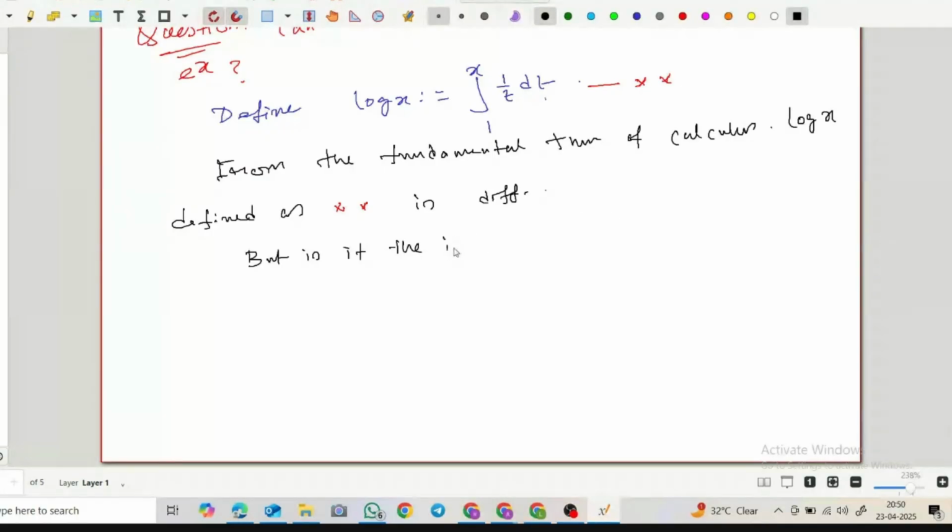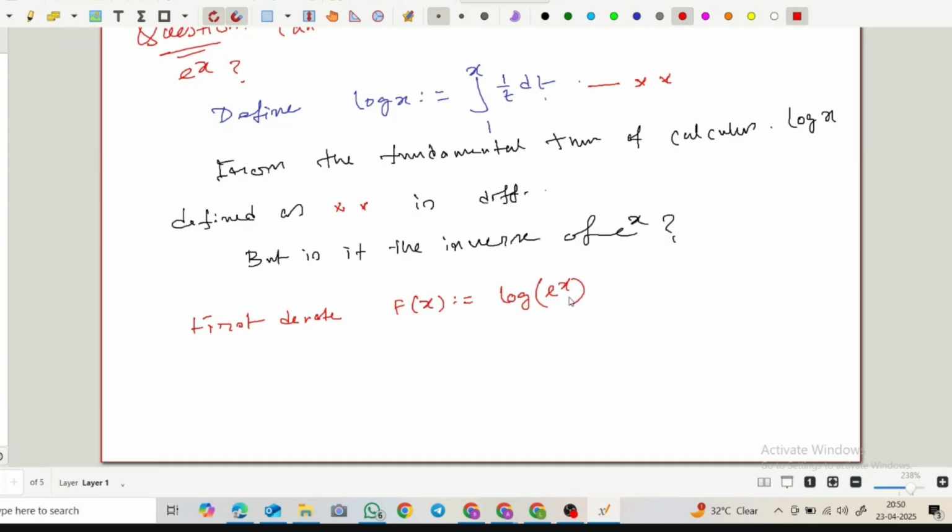My handwriting is horrible. Let's check. So first denote f of x by log of e to the power x.